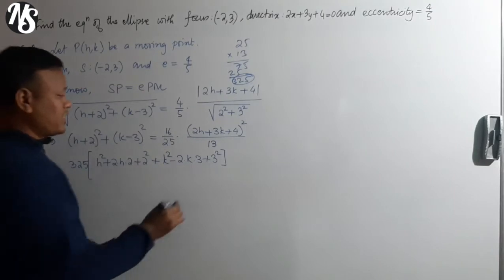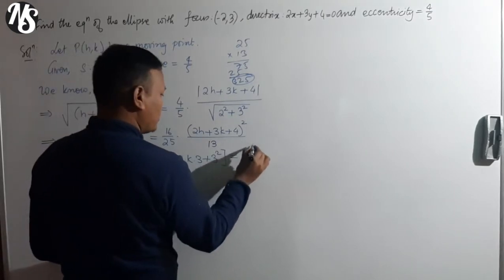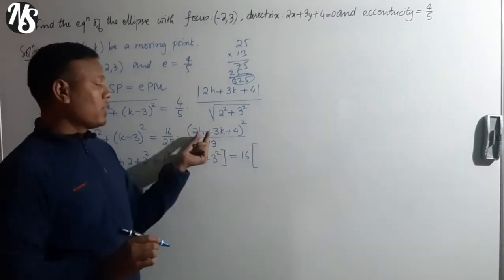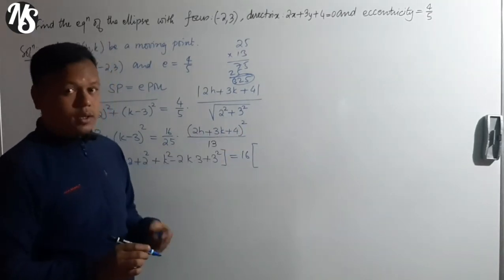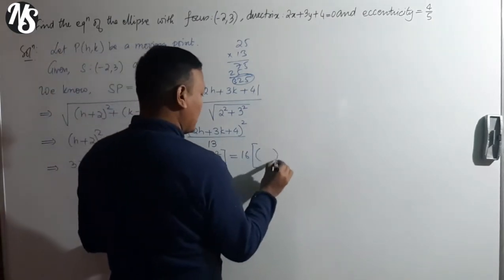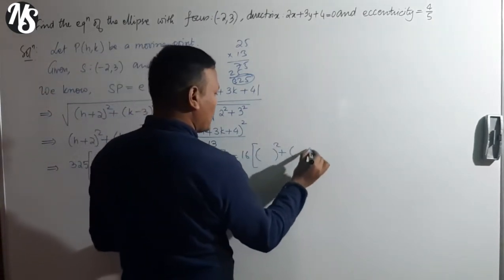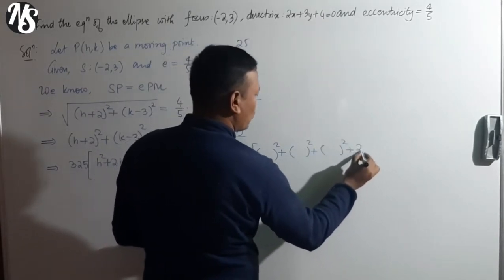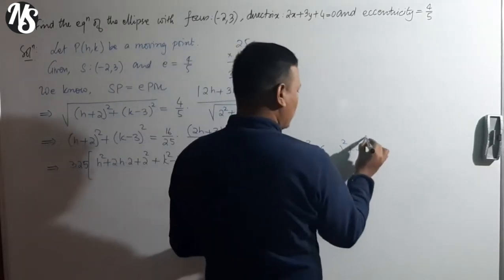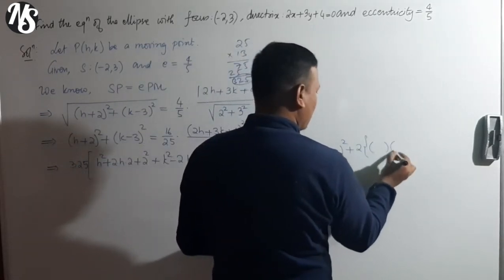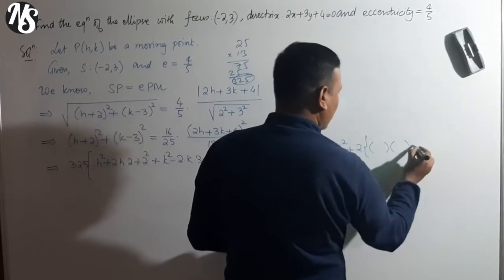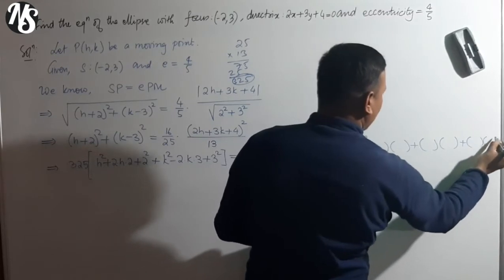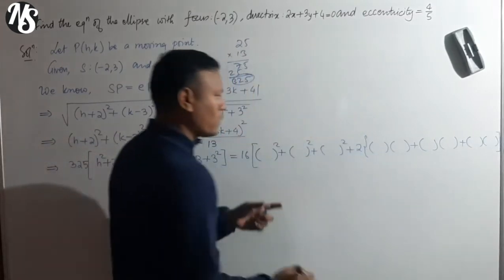We have 16 here, so let's keep 16 here only. Now, the formula for (a + b + c) whole square is a square plus b square plus c square plus 2 into (ab + bc + ca). So this is the formula.